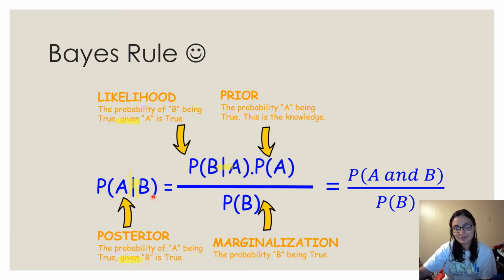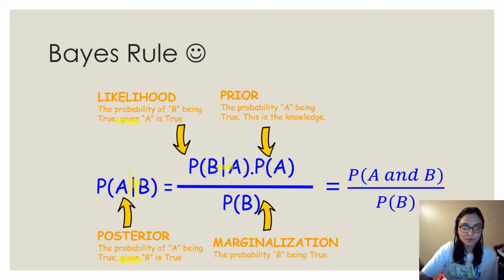So this is the probability of A being true given that B is true. Whatever is on the right is what happened first, and then this is the probability of us observing A, given that this has happened. This likelihood is flipped around in a way. So this is the probability of B being true, given that A is true.